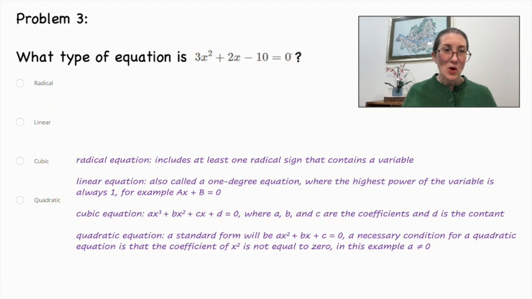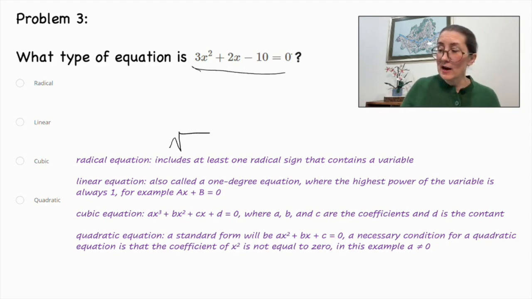Problem number 3. What type of equation is 3x squared plus 2x minus 10 equals 0? Radical, linear, cubic, or quadratic? Let's review each. A radical equation includes at least one radical sign that contains a variable. And a radical sign is that.